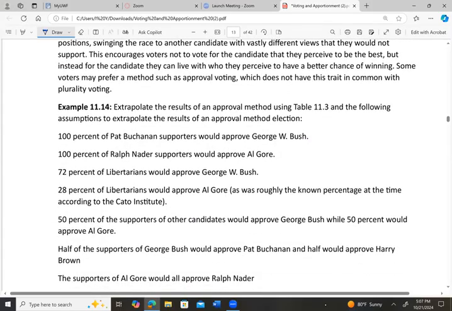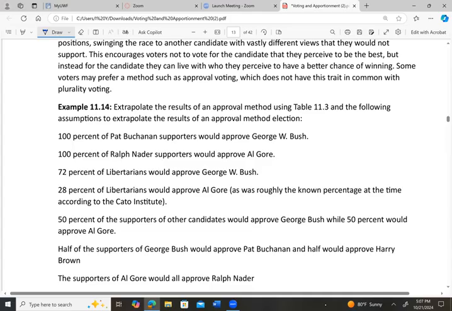So here's what we're going to do. We're going to extrapolate the results of an approval voting method using table 11.3 and the following assumptions. So 100% of Pat Buchanan's supporters would go to Bush.